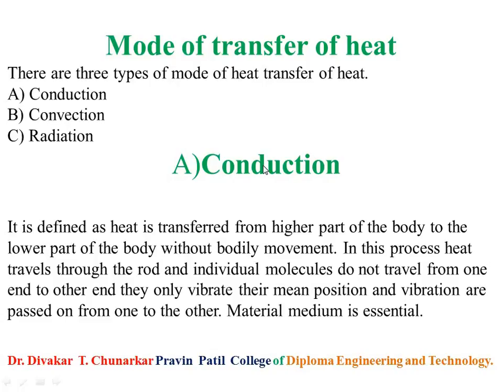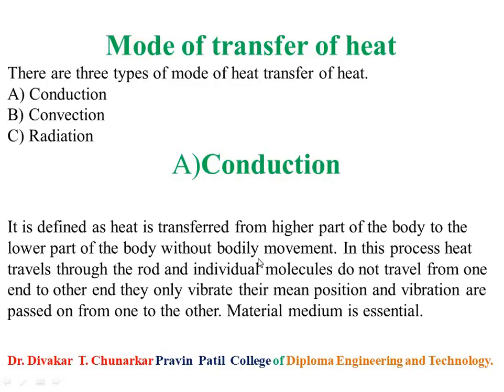heat goes from the higher part of the body to the lower part of the body. And therefore, this example we have to use in the definition of conduction. Conduction is defined as heat transferred from the higher part of the body to the lower part of the body without bodily movement.